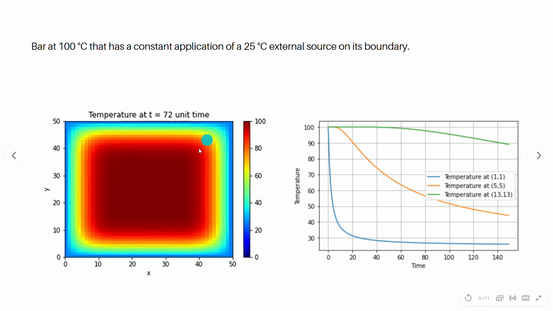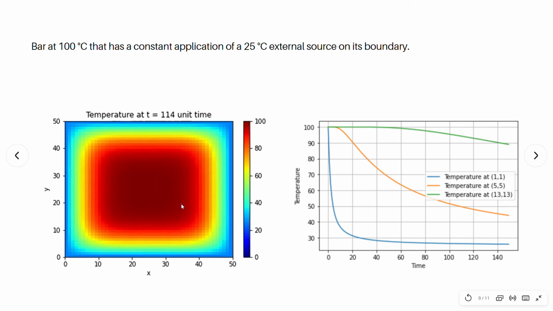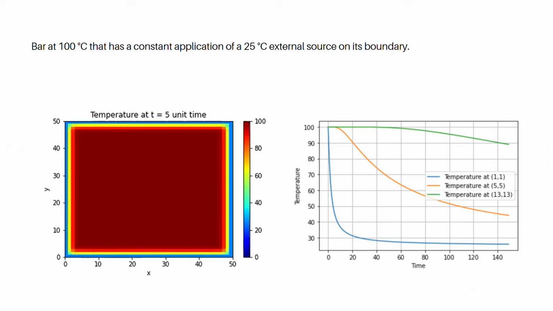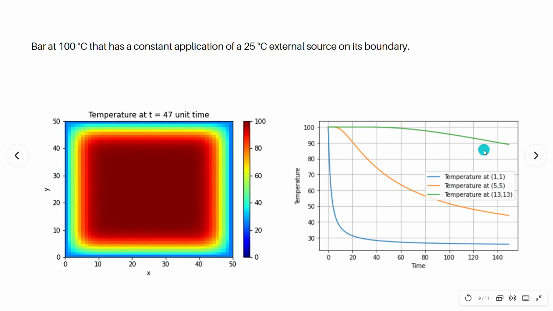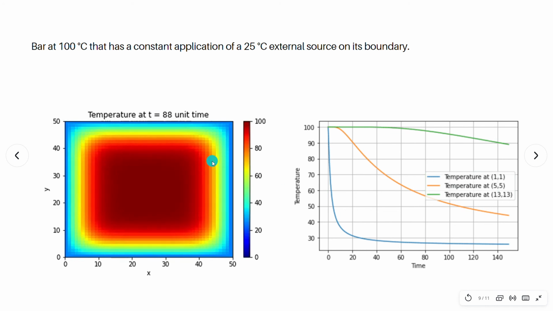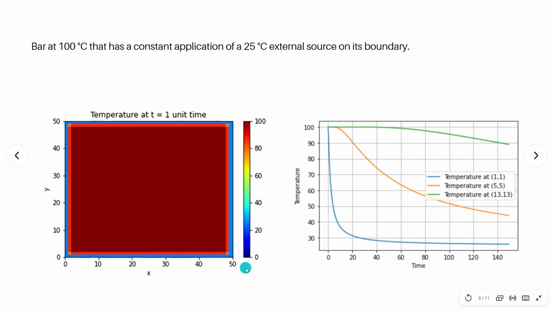So here what happens is the block is at a higher temperature, it has more energy. So the energy flows from the block to the atmosphere, and that is why we see a decrease in temperature of the block. We can see this from the GIF as well. That is, the temperature goes towards the lower gradient.